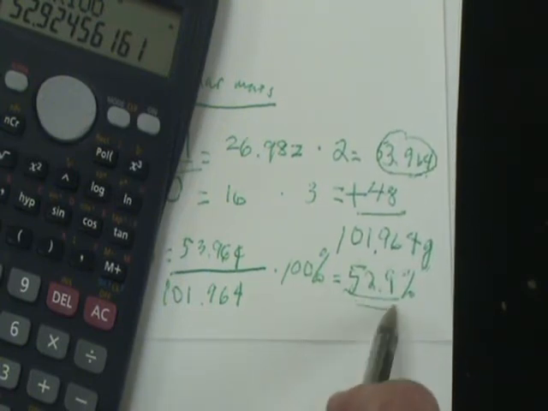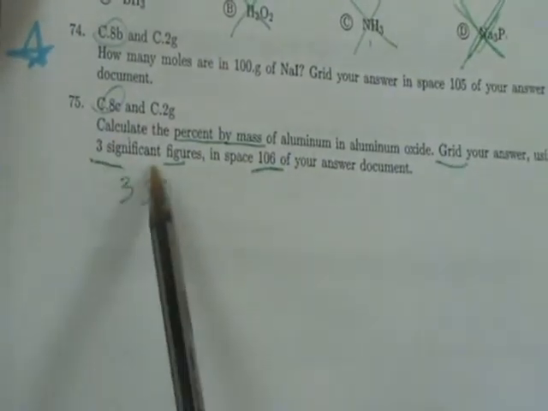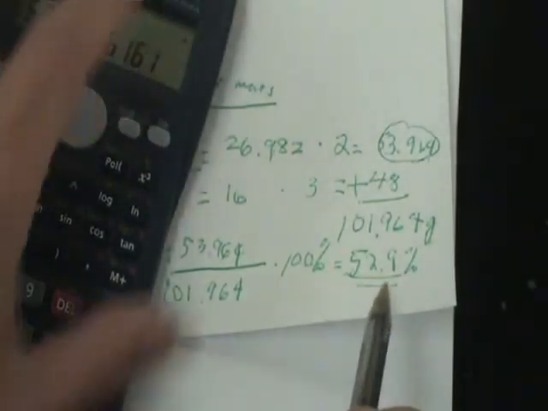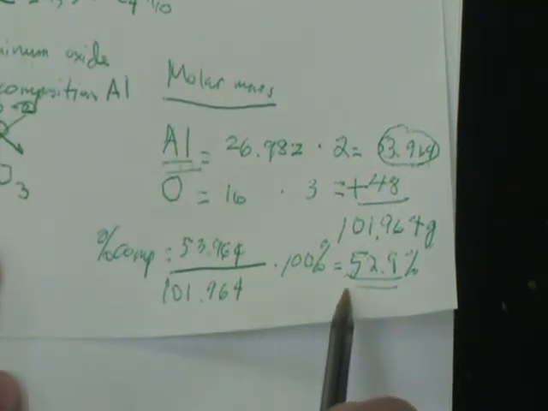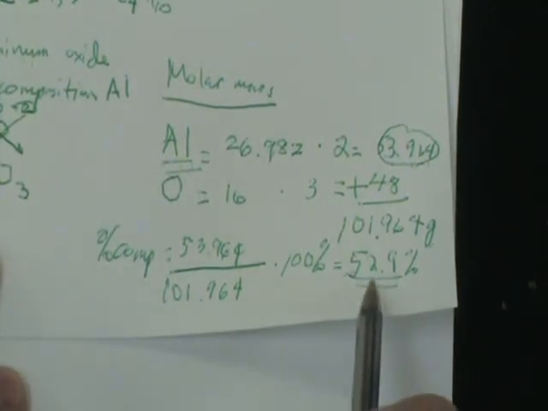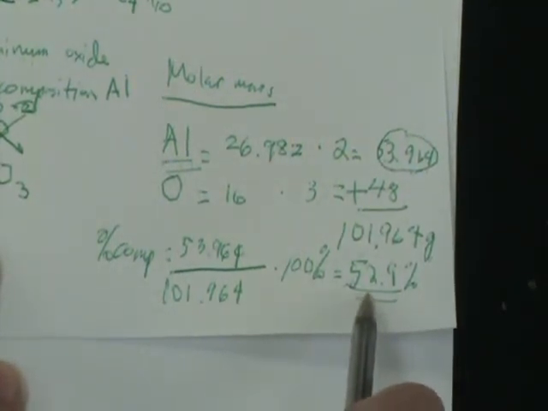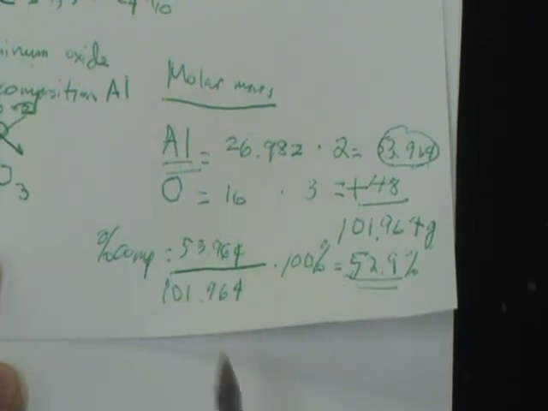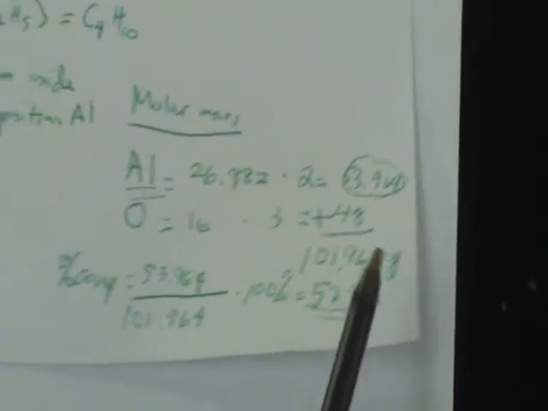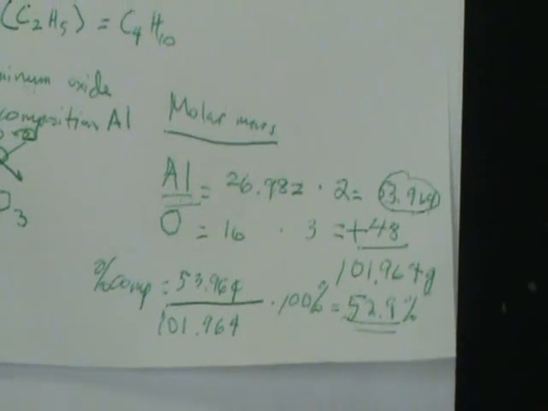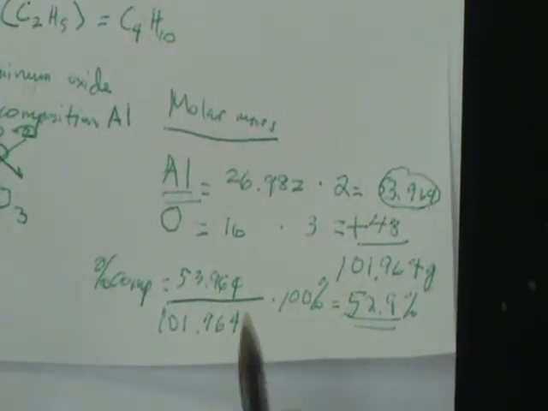That answers our question up to 3 sig figs. So remember, follow the rules for the sig figs. In this case, it's asking you specifically for 3 sig figs. I hope that makes it clear for you for this math part of the test.